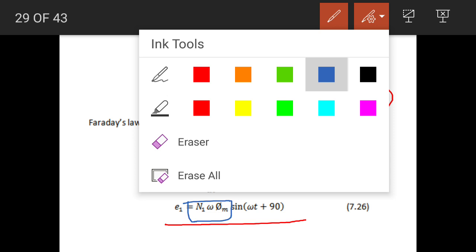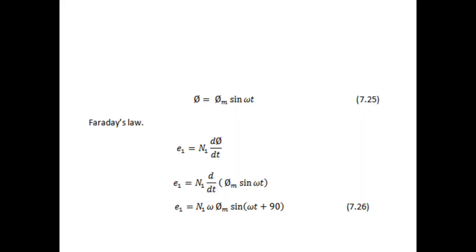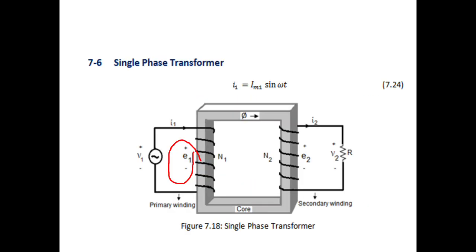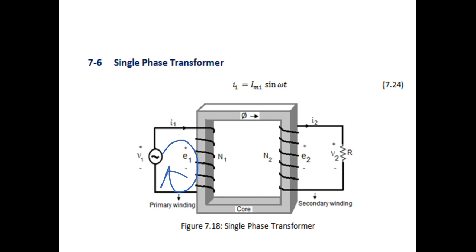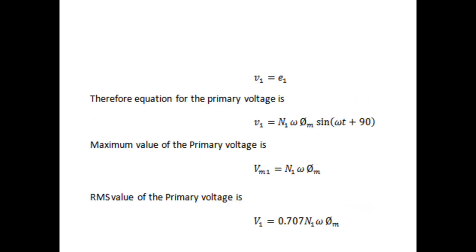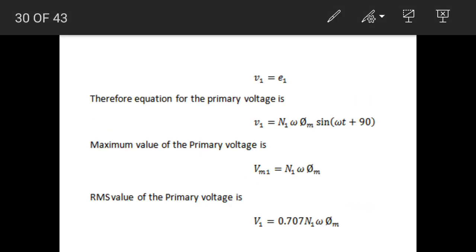If we apply KVL to loop number 1, according to KVL, V1 will be equal to E1.